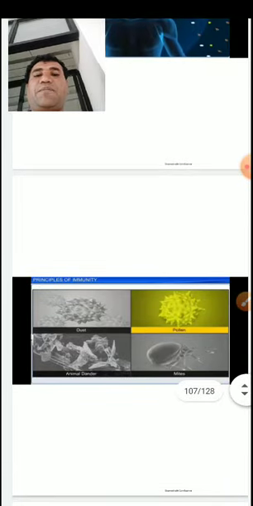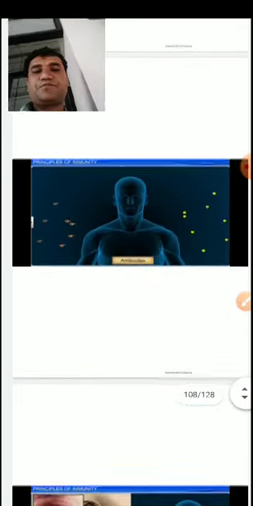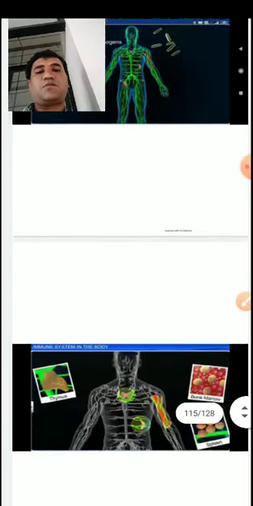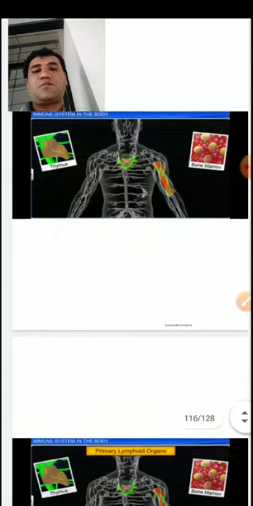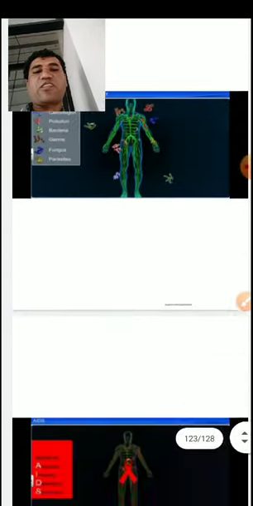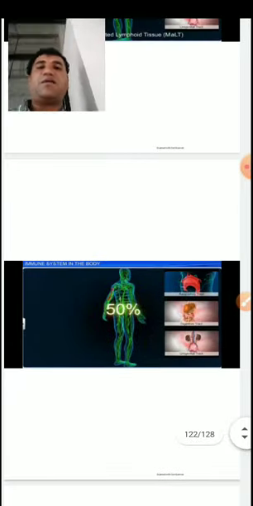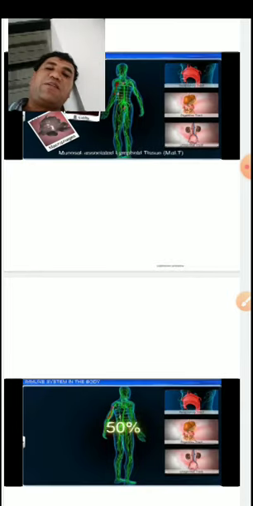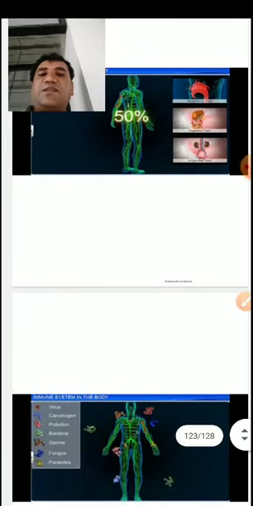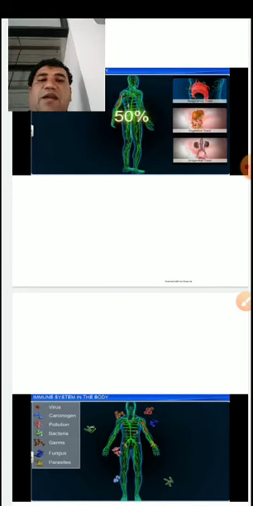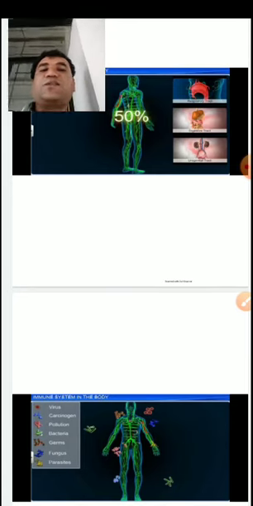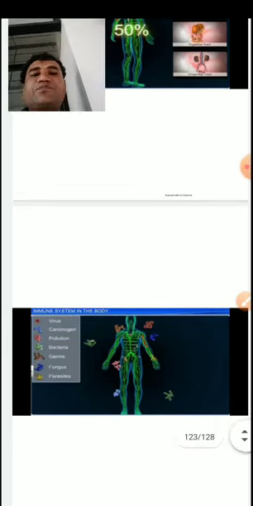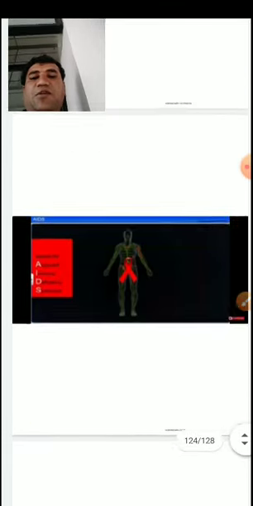Coming to MALT, mucosal associated lymphoid tissue, it constitutes 50 percent of the body's lymphoid tissue, which controls the openings of our body like the mucosa, mouth, and urinary tract.